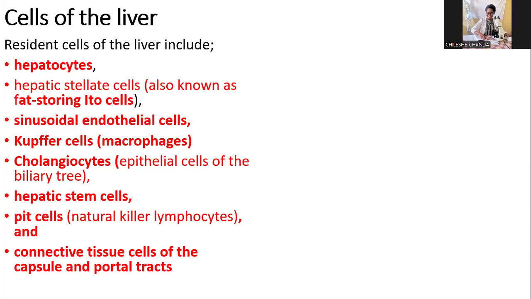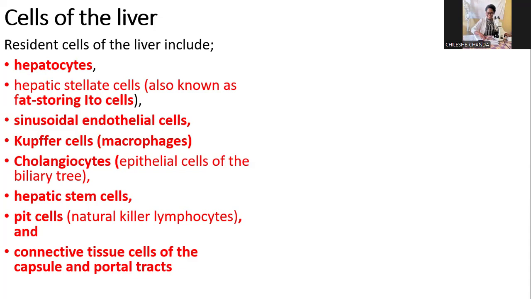Then we have endothelial cells, those that line the sinusoids in the liver. And then we have the macrophages of the liver. Remember, I told you that macrophages are named according to which organ they are in. Therefore, in the liver, the macrophages are known as Kupffer cells.